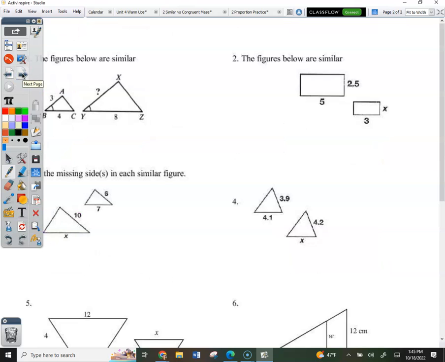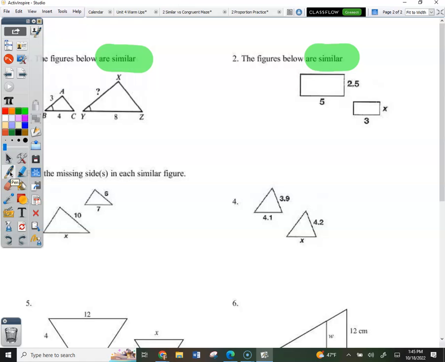All right, go to the back. Numbers 1 and 2. What do the directions say? The figures below are similar. Okay, let me stop, take a highlighter, and highlight right there. Why is that significant? Because similar shapes have the same shape, different size. Very good.